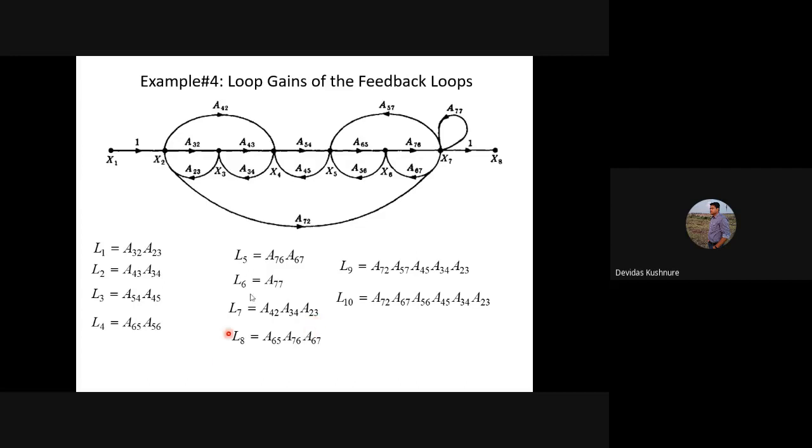Again we have L8, you can see A65, A76 and A67, right? So you can have one more loop.